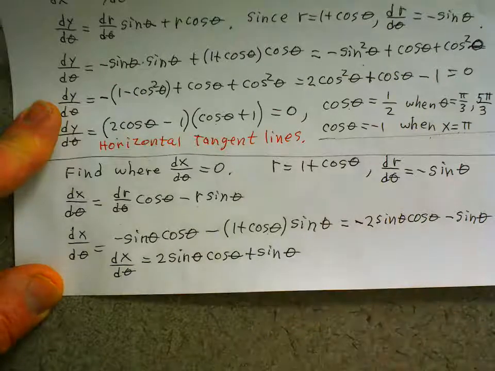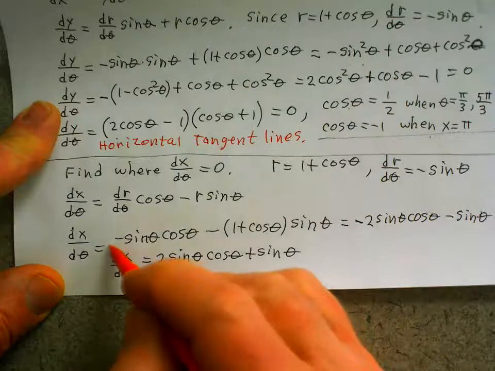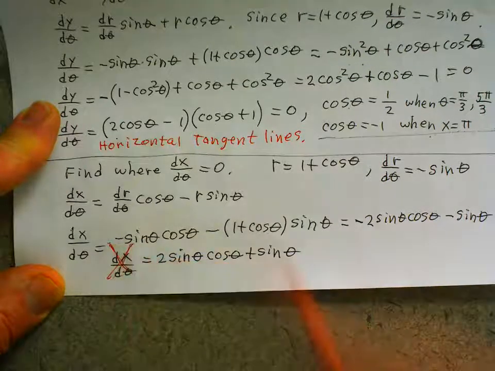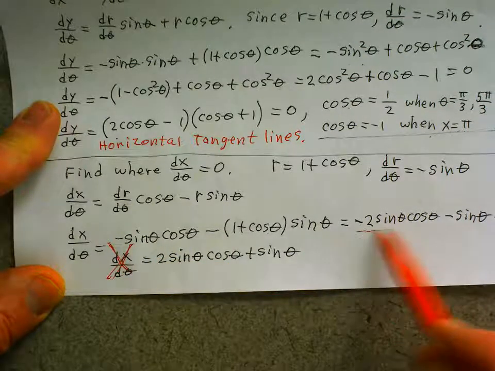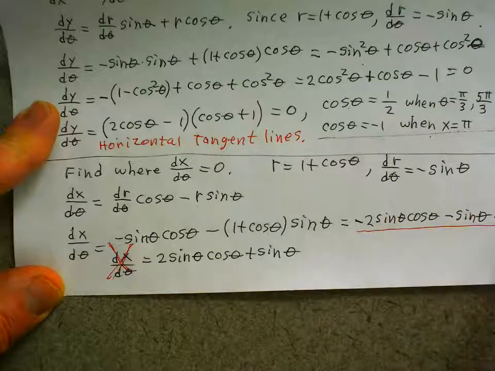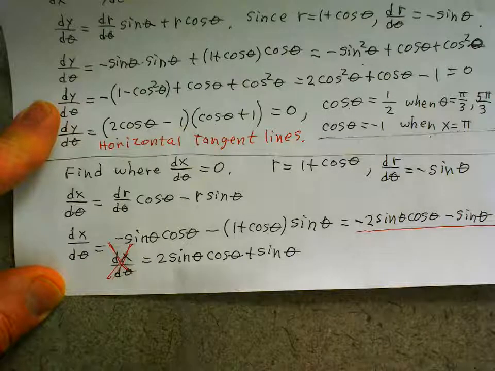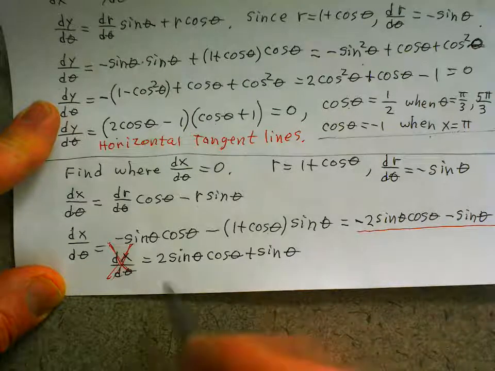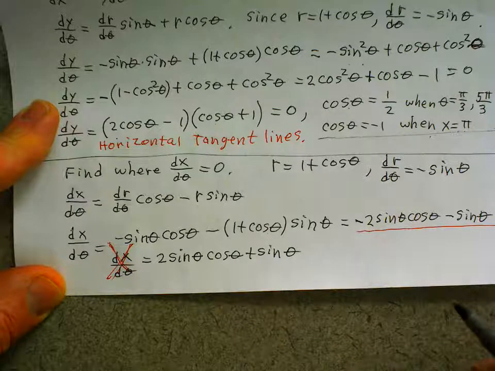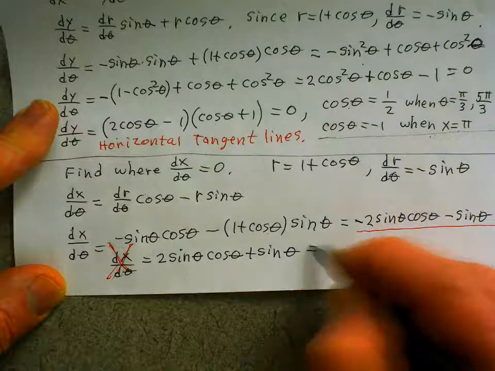I'm technically incorrect by saying that this is dx d theta. I'm just thinking of what we can do once we set it equal to 0. When we set it equal to 0, we can write it as 2 times sine of theta cosine of theta plus sine of theta equals 0.